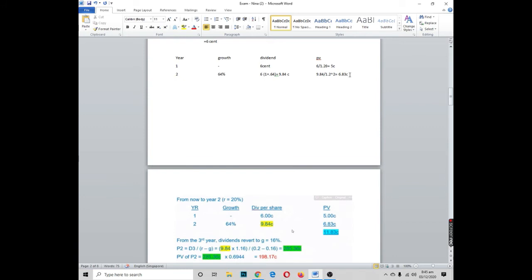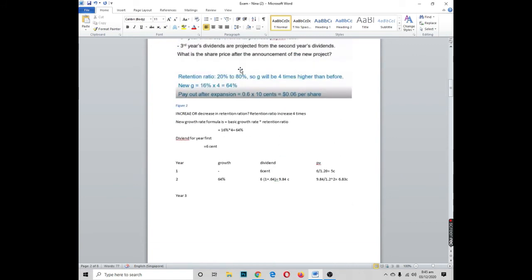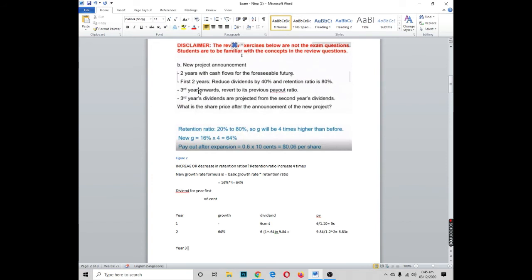So for year 3, again we notice the question mentions to revert to the previous payout ratio.